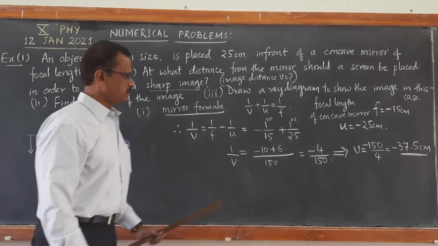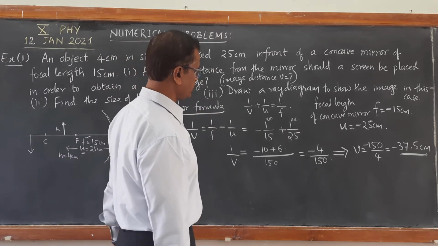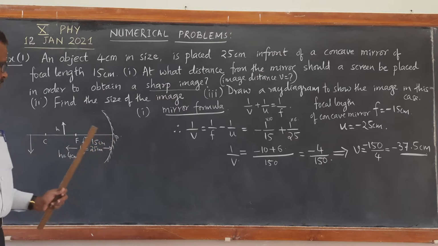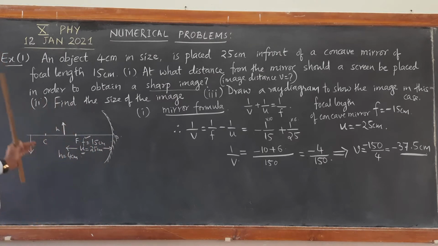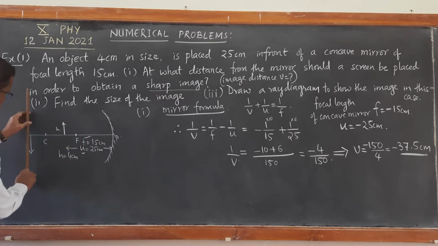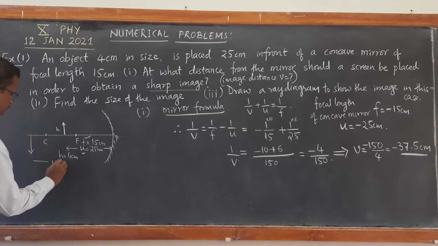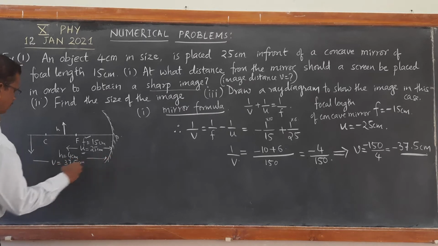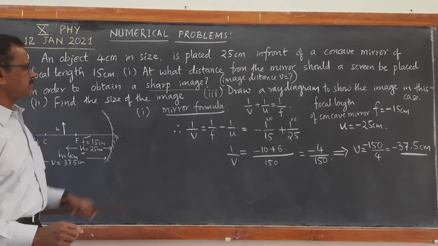How is it that it is going to be a real image? Because the object is in between F and C, so the image will be beyond C. So one has to keep the screen at a distance of 37.5 centimeter in order to get the sharp image.